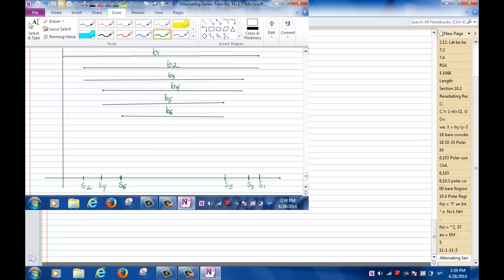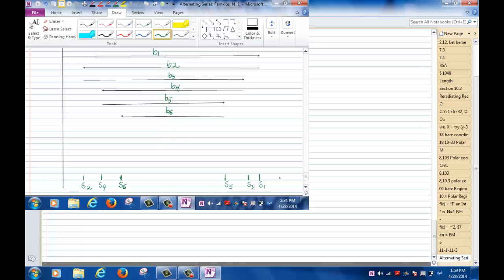The partial sums with the odd indices, I'm going to call them odd partial sums, even though that's a bad way of saying that. So the odd partial sums are decreasing: S1, S2, S3.